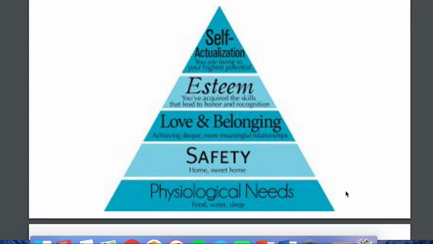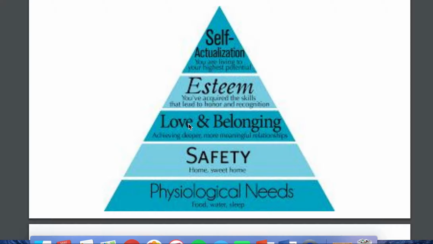Some other charts that I've seen added things like sexual well-being or basic health. Sometimes our health gets in the way of our higher level needs here. So physiological needs, basic. Next is safety. You can't feel safe if you don't have food, water, and sleep, is what Maslow is saying.